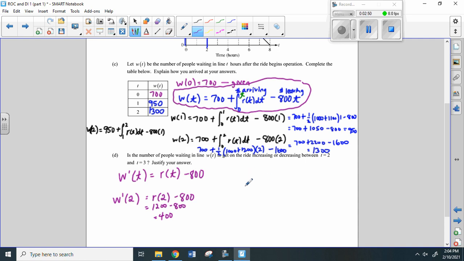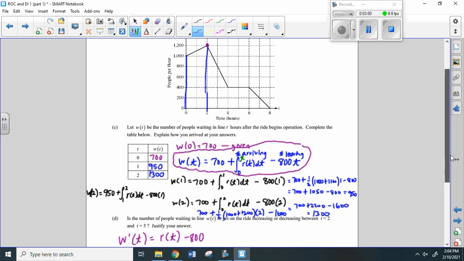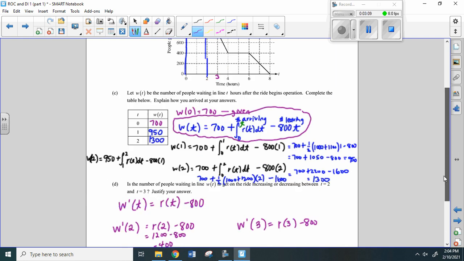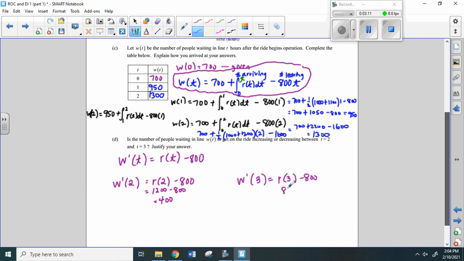Now, if I find W prime of 3, all right, that means I need R of 3 minus 800. All right, well, let's run back up to our picture here. Here's time 3, go up. It touches the graph at 800. All right, and so 800 minus 800 would be 0.